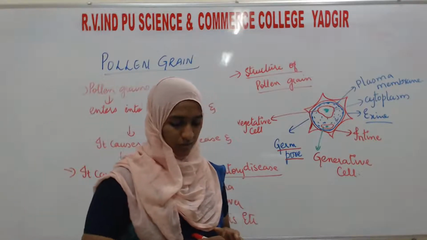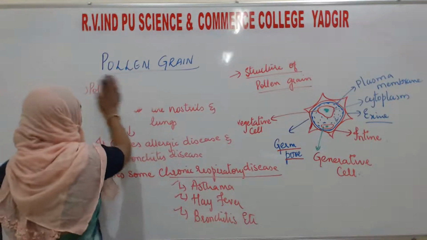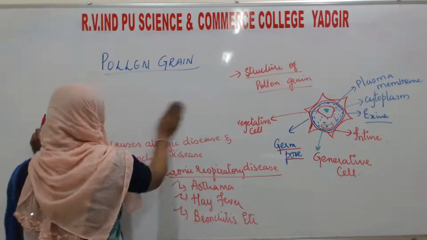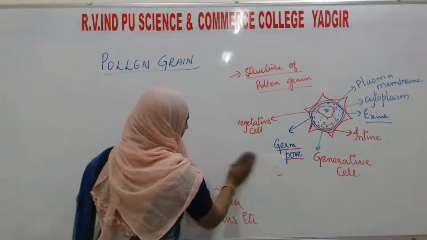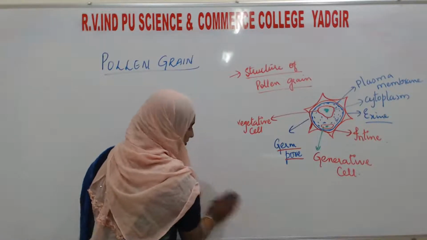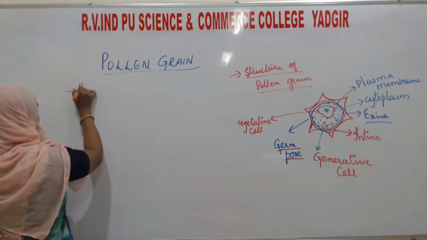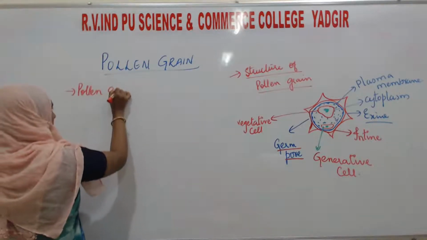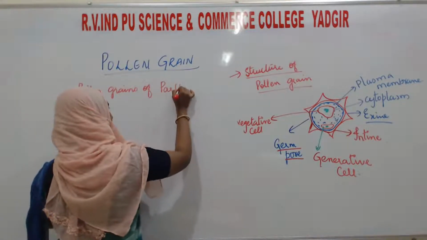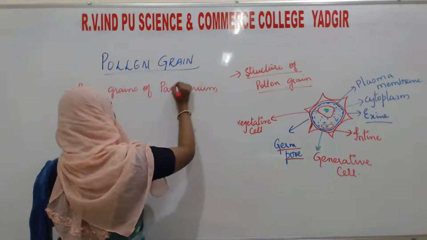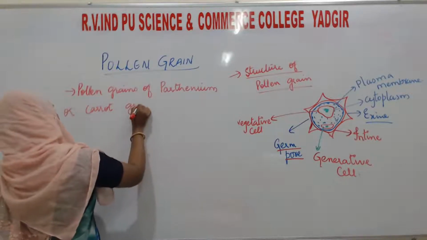And one more thing, the pollen grain of Parthenium. It's a very important point. Pollen grains of Parthenium, or carrot grass, which is also known as the carrot grass.